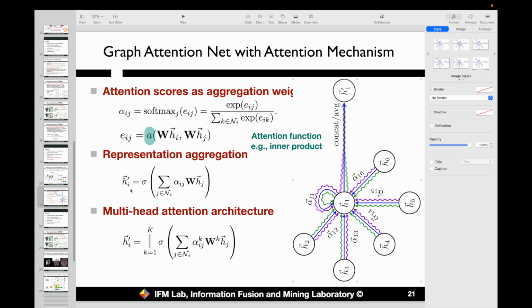Also in the GAT model, they incorporate the multi-head attention mechanism as well. In other words, besides this one copy of the attention mechanism we calculate here, we have multiple copies of different attention mechanisms. Now we have this W to be one copy for the attention mechanism. If we have multi-head, like K different heads, then we can define different copies of this matrix variable W for different heads of attention. By integrating the multi-head attention mechanism together, we can learn the representation for node i.